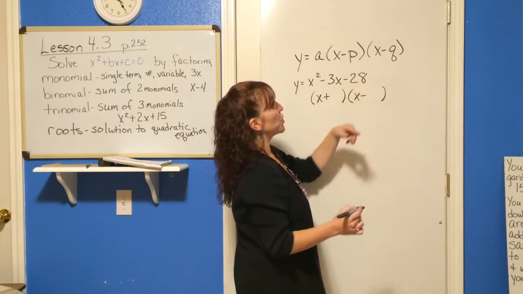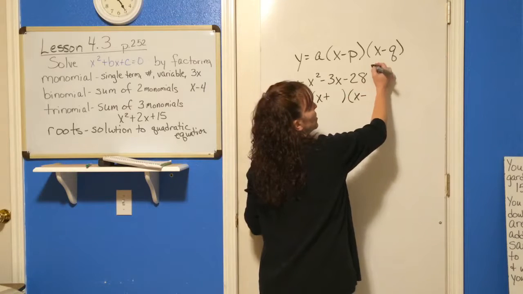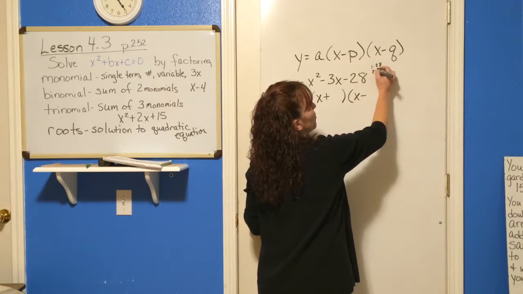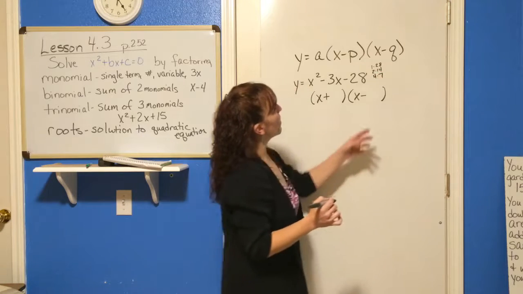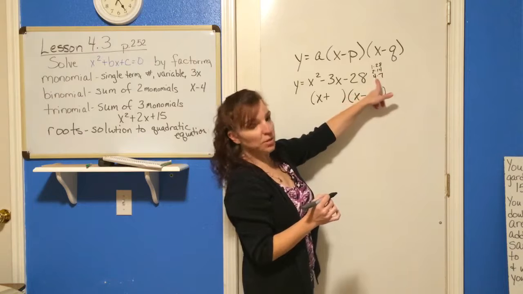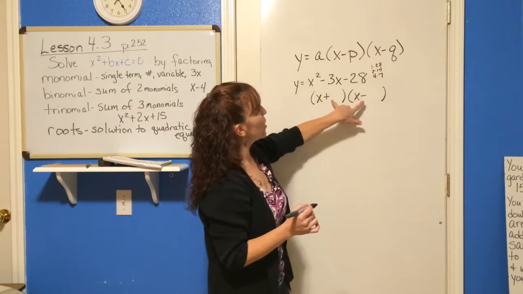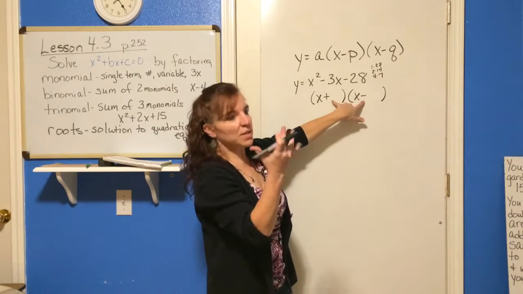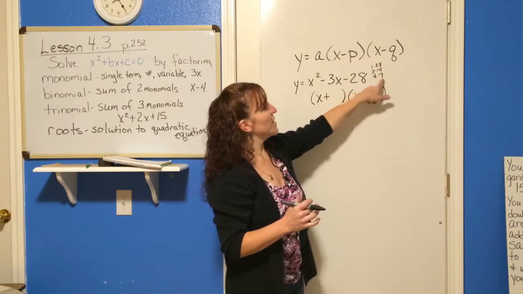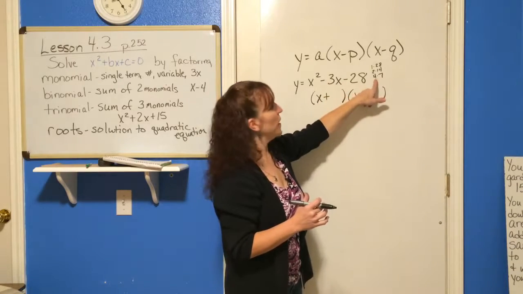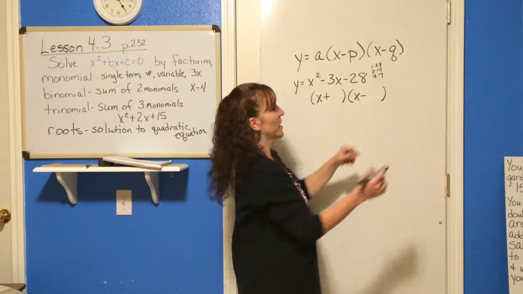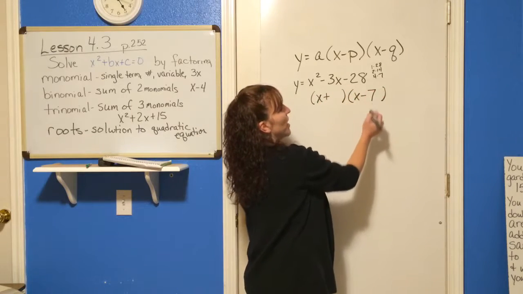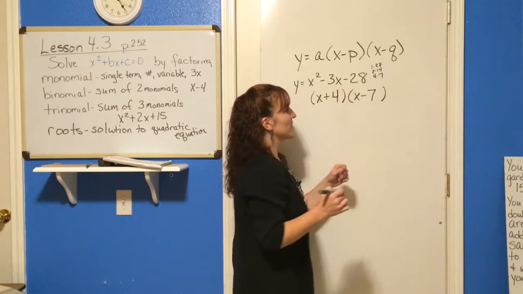Your factors are going to be 1 and 28, 2 and 14, 4 and 7. This is looking promising. Because they're opposite signs, we've got to subtract to get the 3, and 7 minus 4 is indeed 3. We want the 3 to be negative, so we want our larger number to be negative. So 7 will be our negative number, 4 will be our positive number.